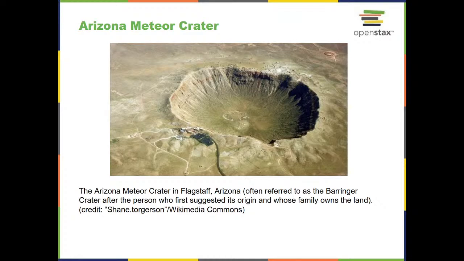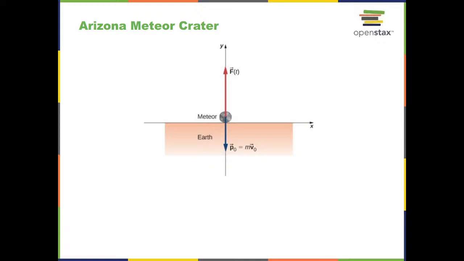Based on some assumptions about the meteorite, we can actually determine what the impulse must have been, and what the change in momentum would have been for that meteorite. And that will allow us then to determine what the average force is that the meteor imparted on the Earth, or of course the other way around as well, because Newton's third law applies.